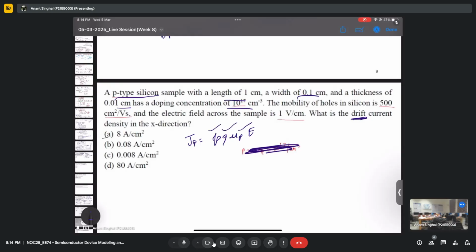Mobility is given. This is too easy. q is 1.6 times 10 to the power minus 19. Mu p is 500. Electric field is 1 volt per centimeter. So 1.6 times 5 is the answer. So that is 8. Yeah, this was very easy.